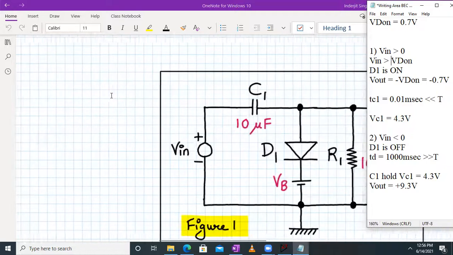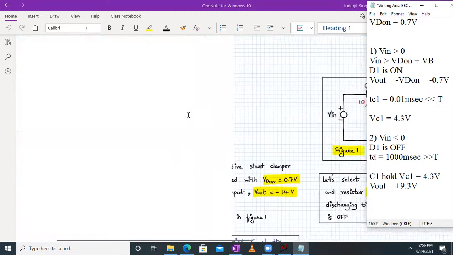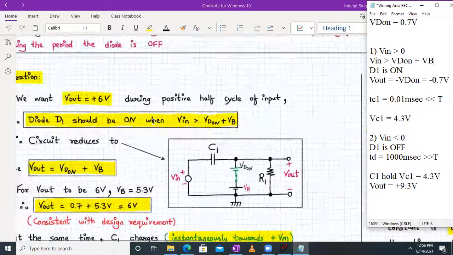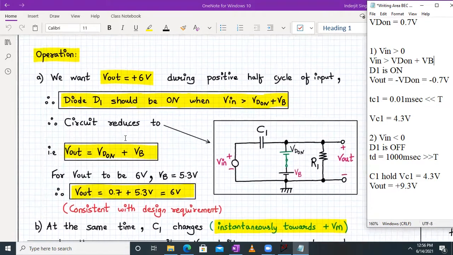How much is that voltage? That is what we are determining. So V in has to be greater than VD on plus VB. Then only the diode D1 will be on. Fine. So let us see that scenario now. We want V out as +6 during the positive half cycle. That is what we want.